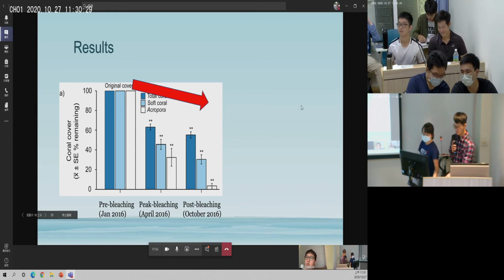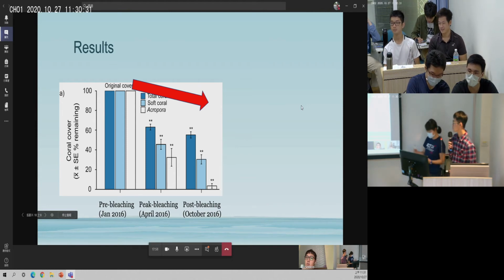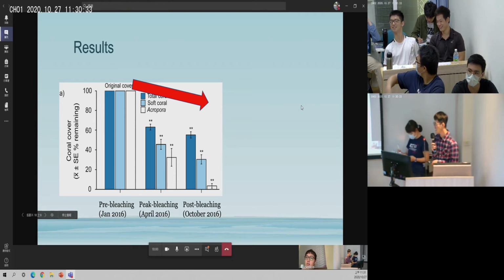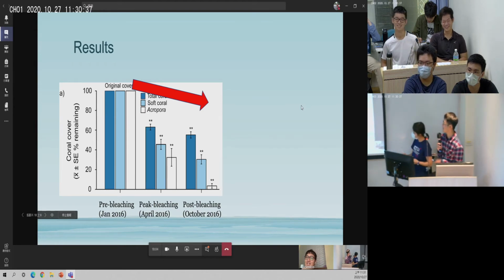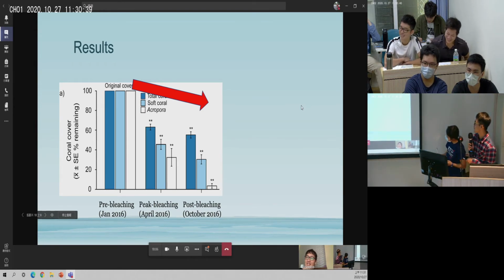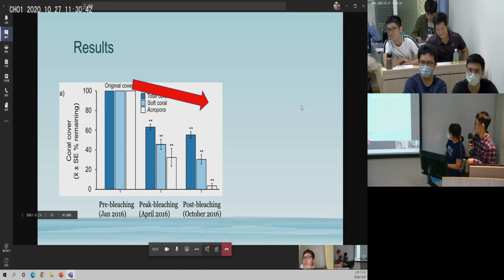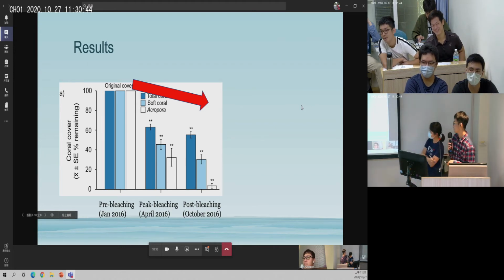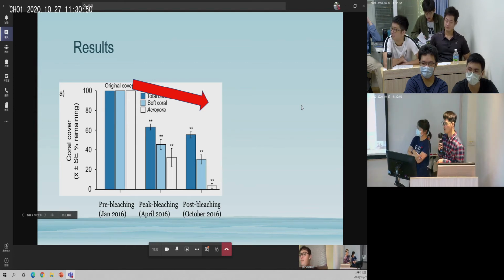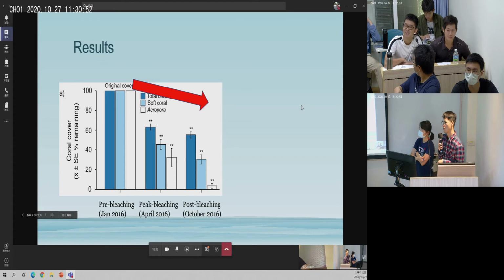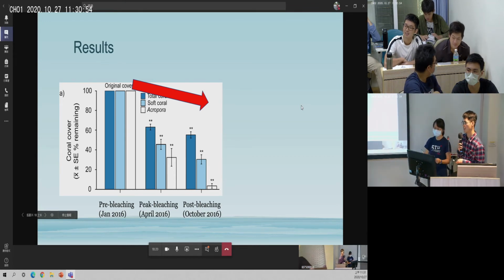And the Acropora she presents is to give more detail that this species decreased more significantly. Okay. Is that your question?